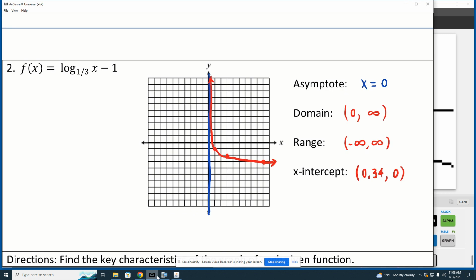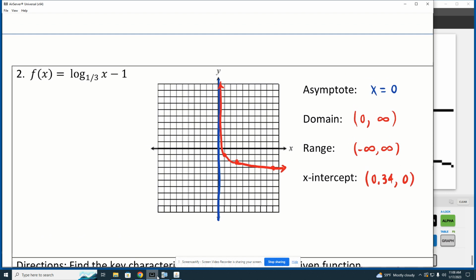Now, there's one more way I'm going to show you, and then we'll be really close to done, okay? Because this is how easy this is. What do you know about x-intercepts? At any x-intercept that exists, what do you know is true every time? At every x-intercept that could possibly exist, what do you know has to be true?